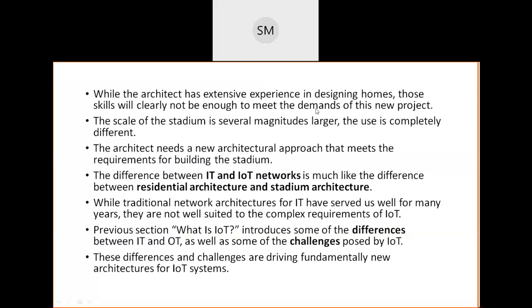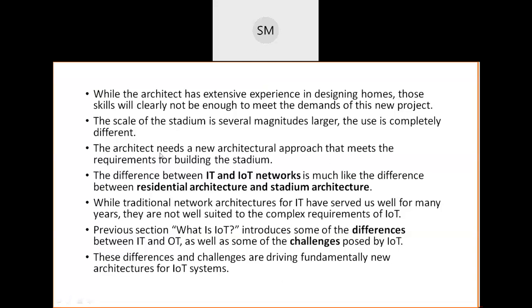Because the requirement of a house is different and the requirement of this stadium is different, because acoustics and all those things he has to take care of in the stadium. The scale of this stadium is several magnitudes larger and the use is completely different. Constructing a stadium is different, constructing a house is different.